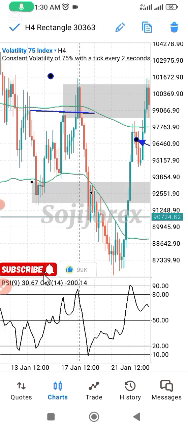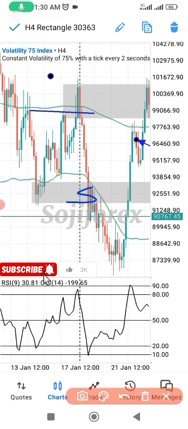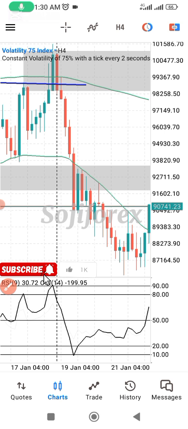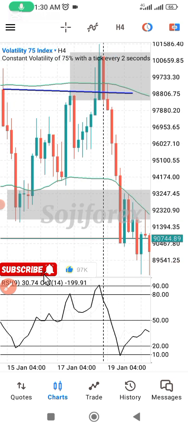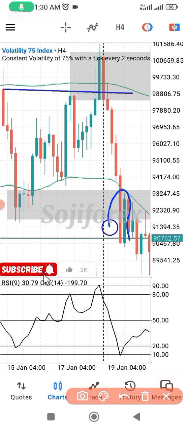Yeah, this particular zone becomes your zone of support. So when price came to this zone here, look at it very well, price pulled back to this zone. And if you observe it critically, when price pulled back to this zone, you realize that we have this bullish candle inside of this zone.